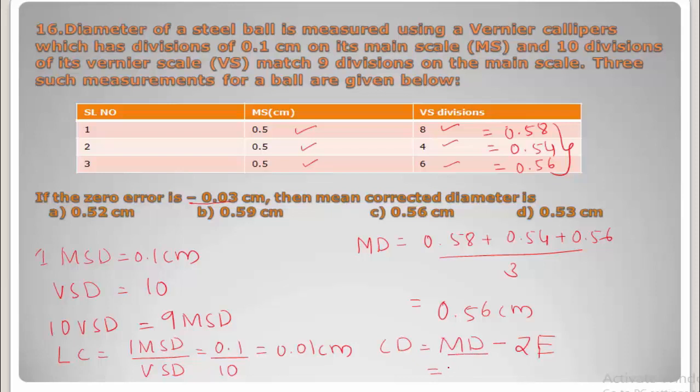Mean diameter is 0.56 minus zero error, which is minus 0.03. So the final answer becomes 0.59. Minus into minus becomes plus, 0.56 plus 0.03 becomes 0.59 centimeter. So the answer for this question is option B.